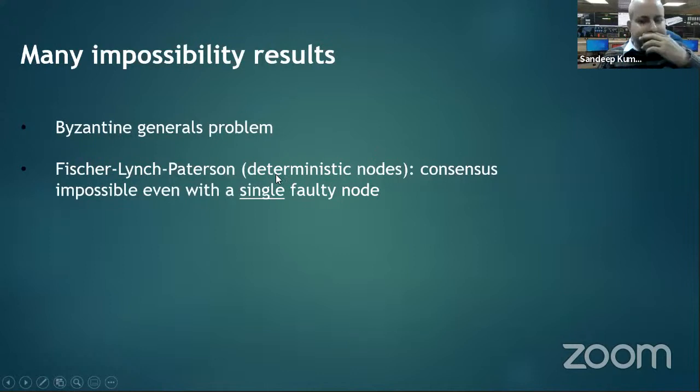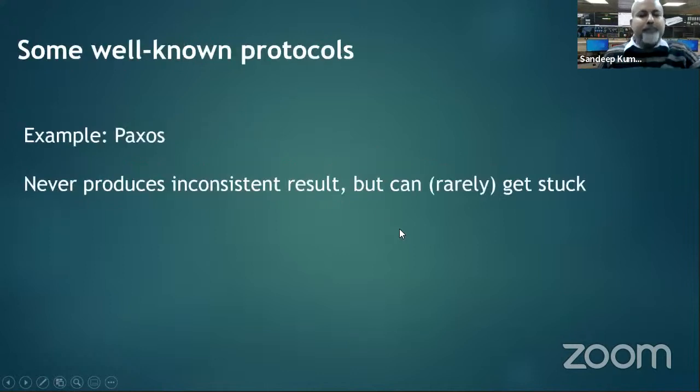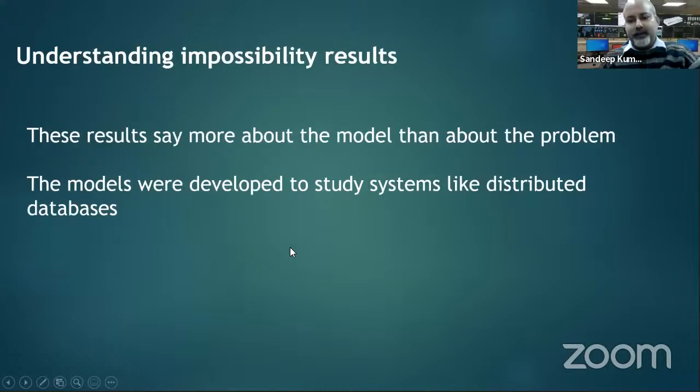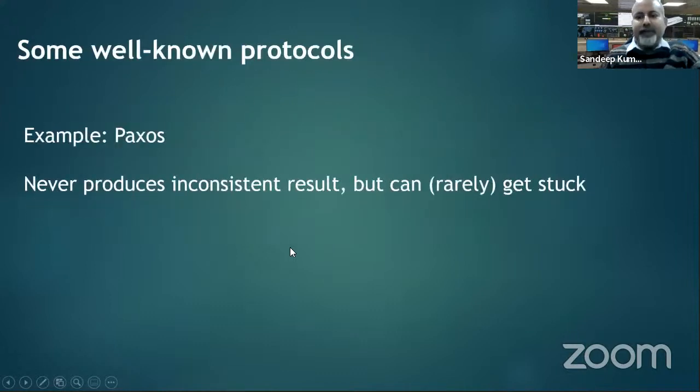So Paxos does randomize, and it has the property that when Paxos finishes consensus, the result is correct. But Paxos has no guarantee that it will not get stuck going round and round and not reach a consensus. Now, that happens very rarely. So therefore, in real software, many times Paxos is used.